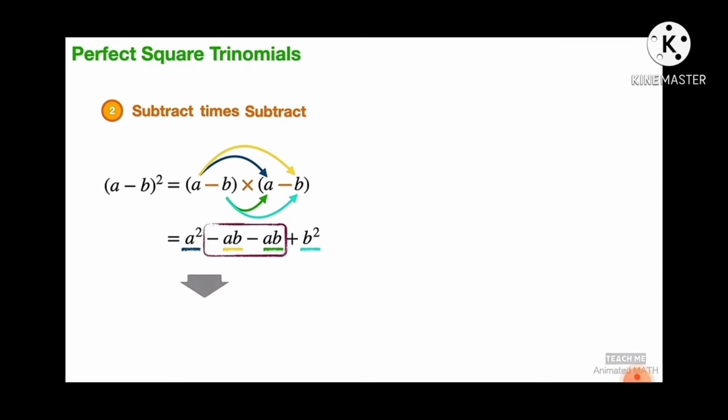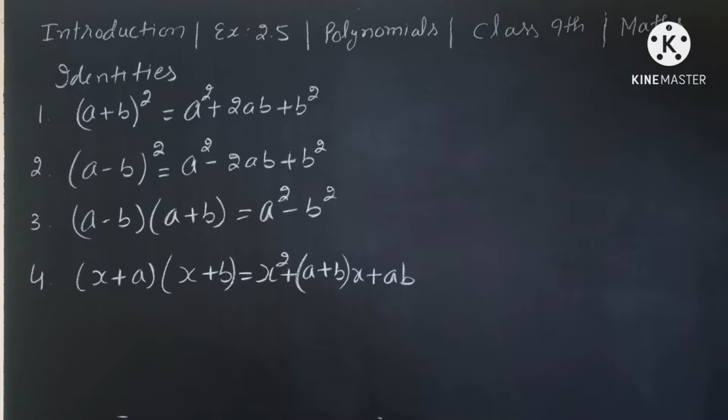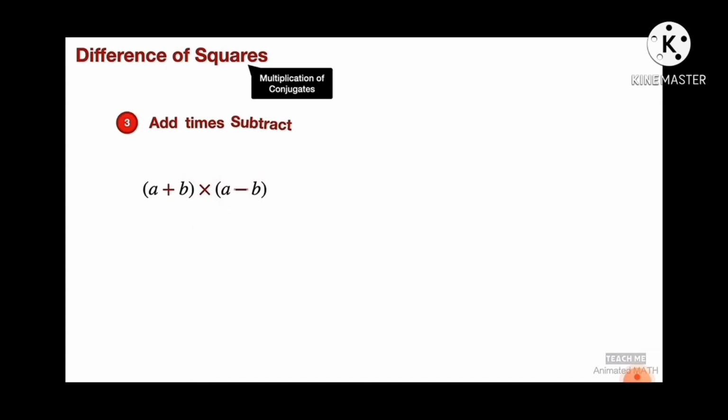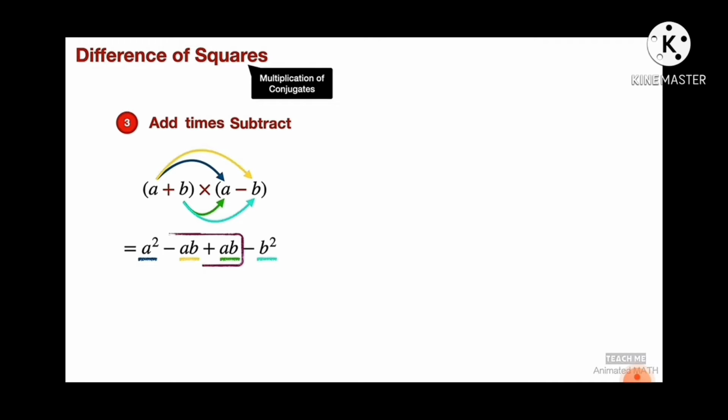Now the result is a² − 2ab + b². Now the third identity is (a − b) multiplied by (a + b). Check the arrow, we are multiplying. After that the like terms will cancel, so our result is a² − b².